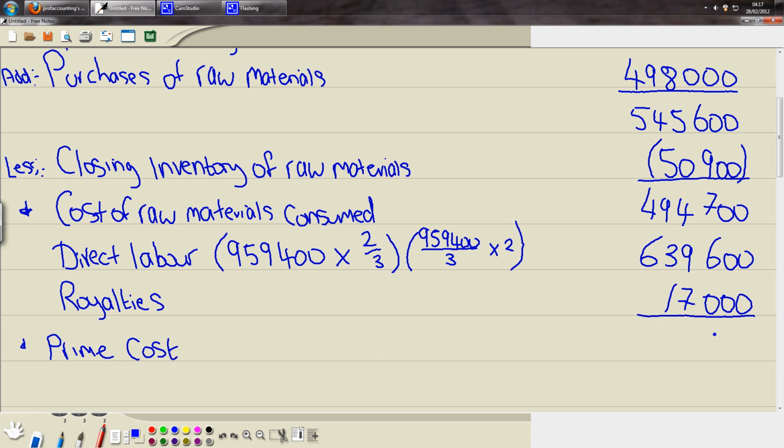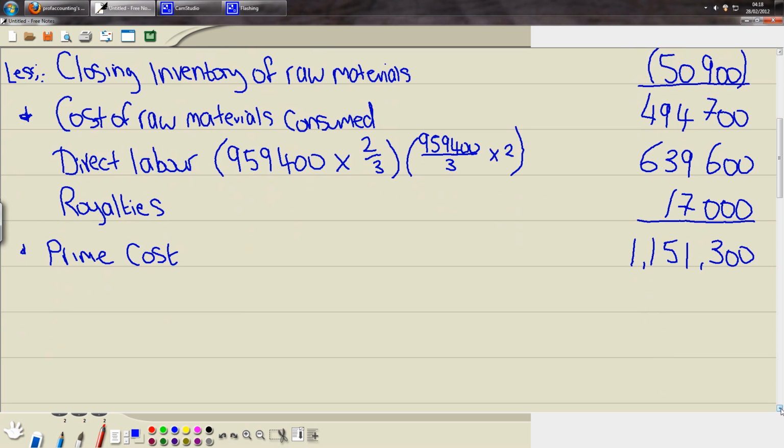We get 300 on the end, 974, 151. Just add them on your calculator, however you're doing it. Looks alright: 1,151,300. That's prime cost.